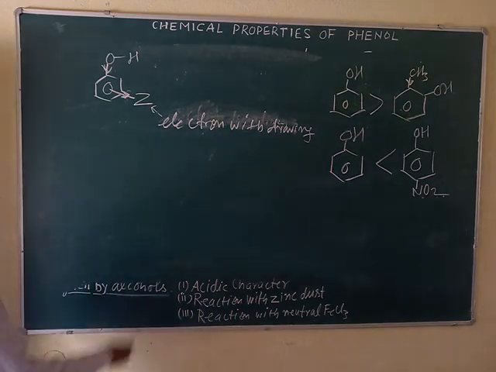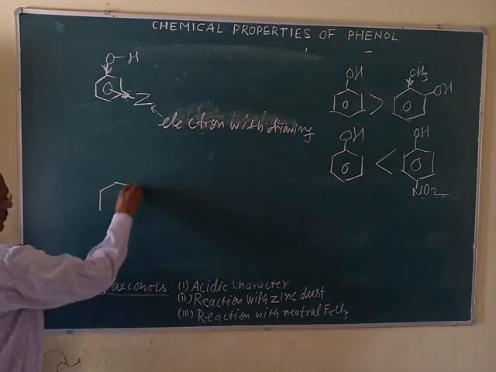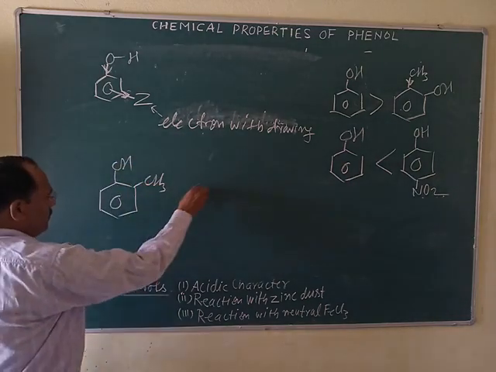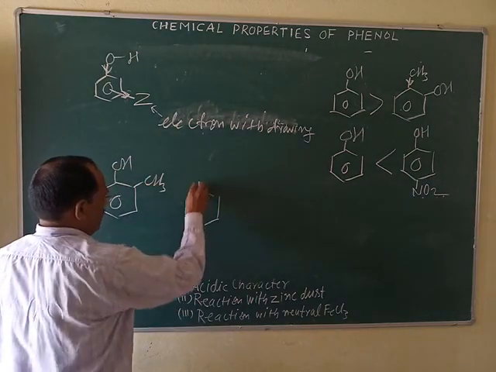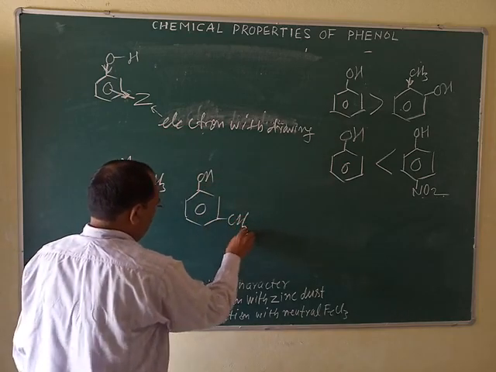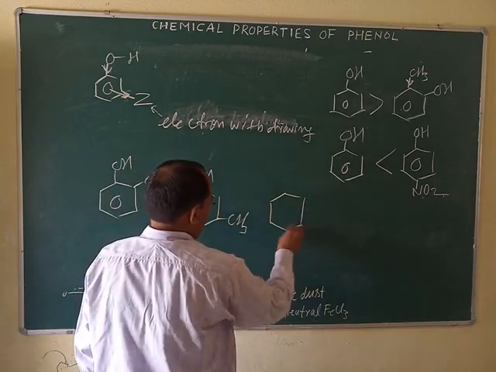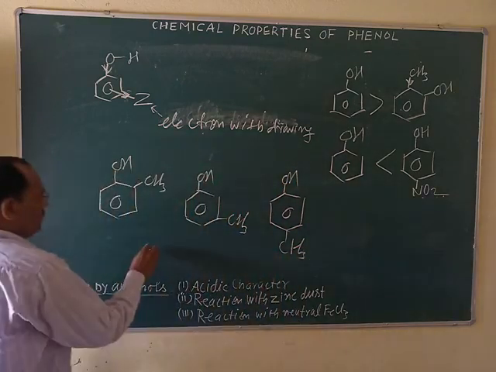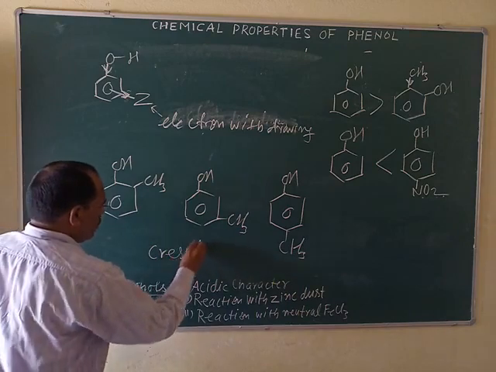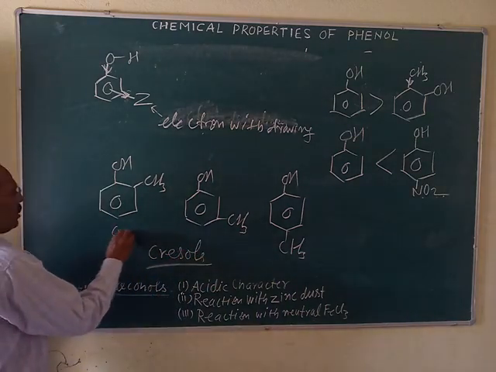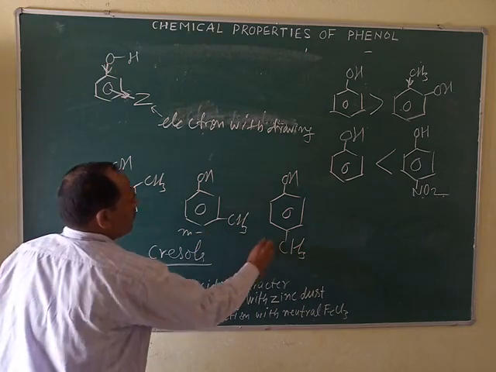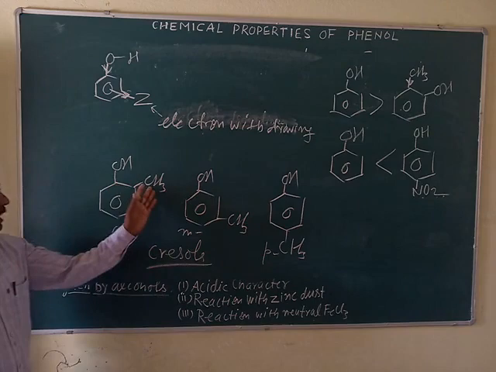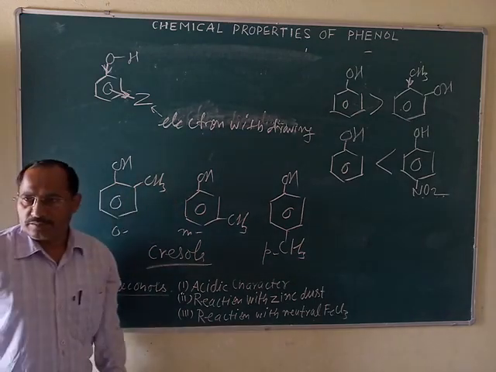For example, if the same group, CH3, is present at different positions, these are cresols. This is orthocresol, metacresol, and paracresol. Similar group present at different positions.